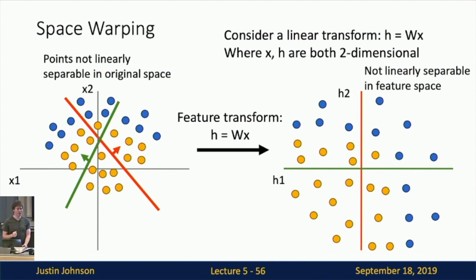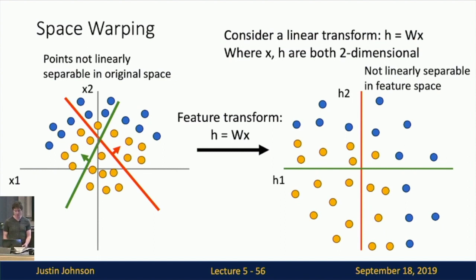But because this feature transform was only modifying the input space linearly, we can see that even though we've transformed the space, the points are still not linearly separable in this new transformed output space. So applying a linear classifier on top of a linear feature transformation is not going to increase the representational power of our model.